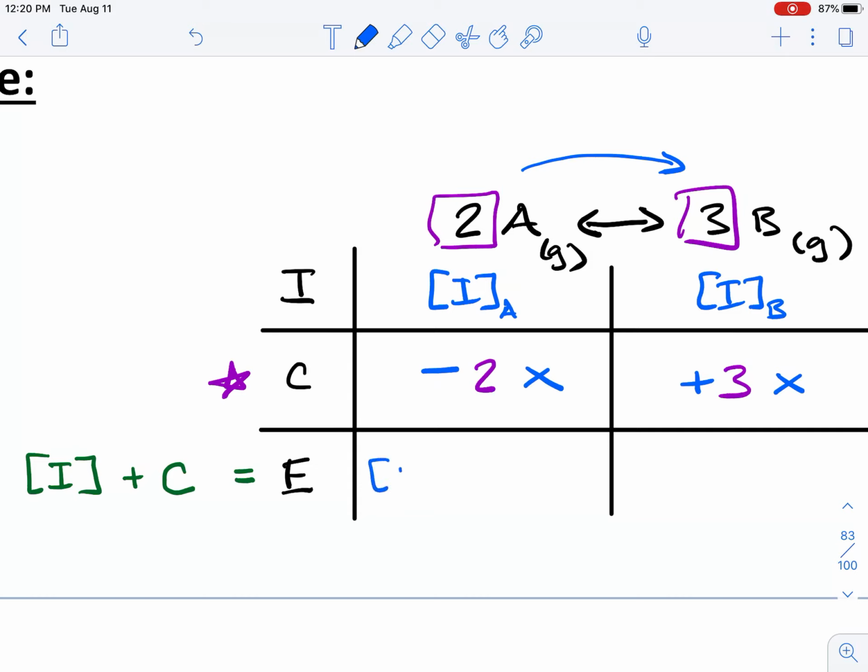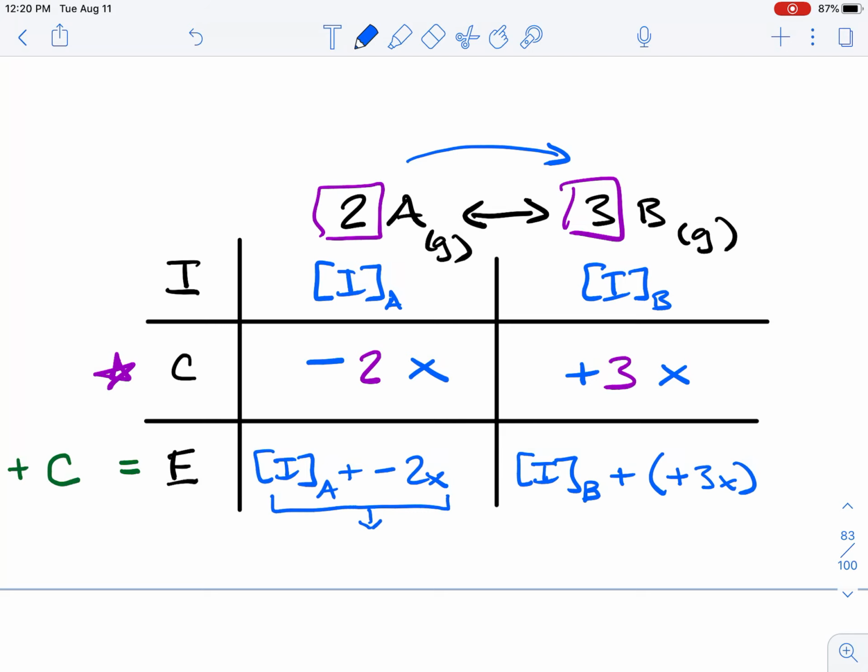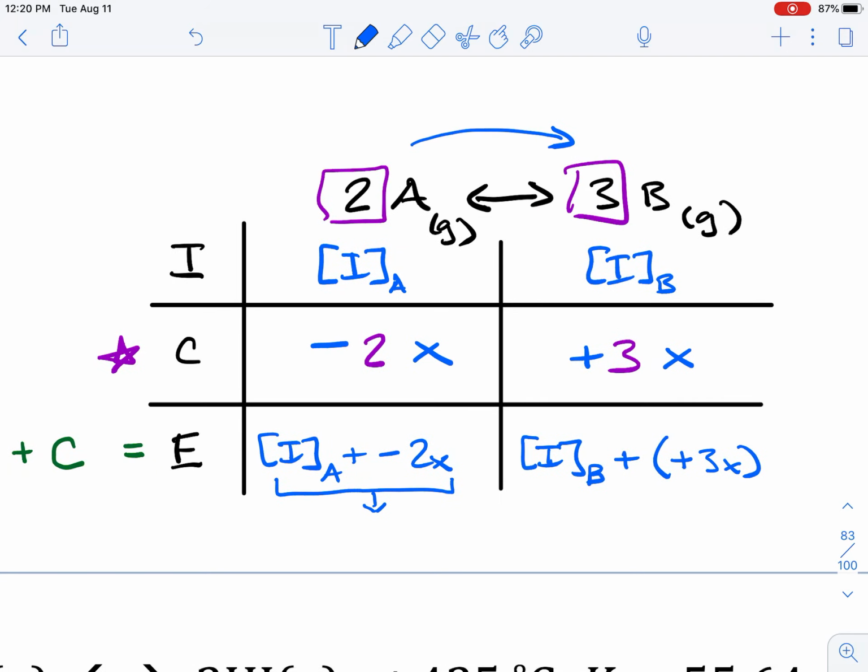And so here we have the initial concentration of substance A plus negative 2X. And then this is going to be the initial concentration of B plus, if you want, you can write another plus 3X. Okay. And so if I were to simplify my signs, I would simply get the equilibrium concentration of substance A as the initial concentration of substance A minus 2X.